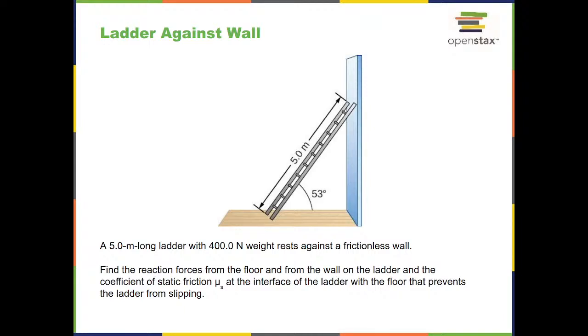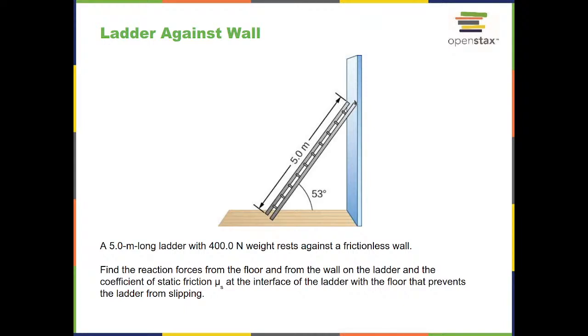So once again, it's a static equilibrium problem, so we're going to use our two conditions of static equilibrium: that the total of all of the forces on the ladder has to be equal to 0, and the total of all of the torques on the ladder has to be equal to 0. So there will be forces. We already talked about that.